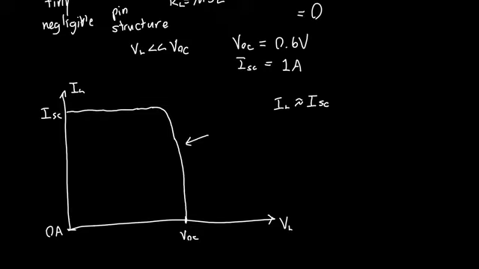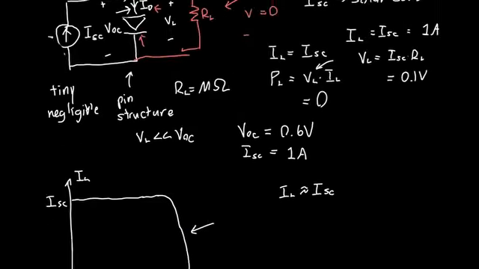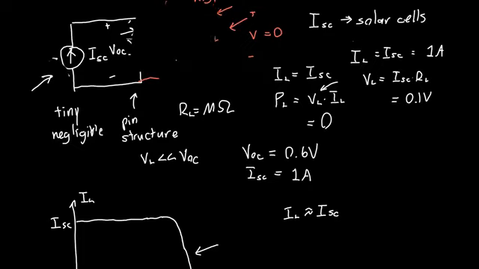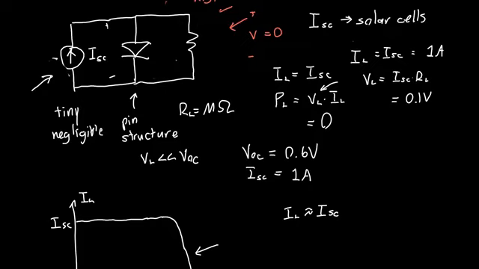You can generate this curve by actually solving the equations for this solar cell circuit, and we can do that real quickly right now. Let me erase this stuff so we have a cleaner circuit to work from. We've got a few things in parallel, so we just want to use KCL at this node.